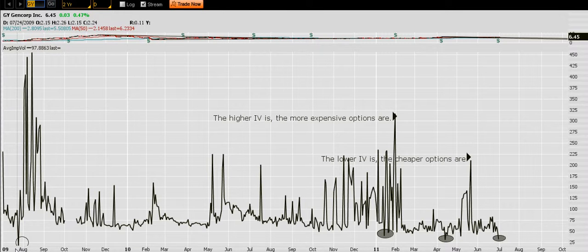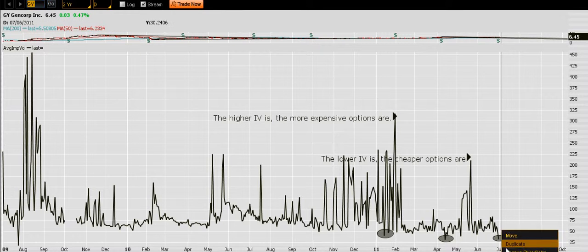I mean, the option volatility has been below where it is right now, and that was in July of 2009, 2 years ago. Now, so we can basically say, what we have right here, we have a very good situation. We want to buy an option right here.